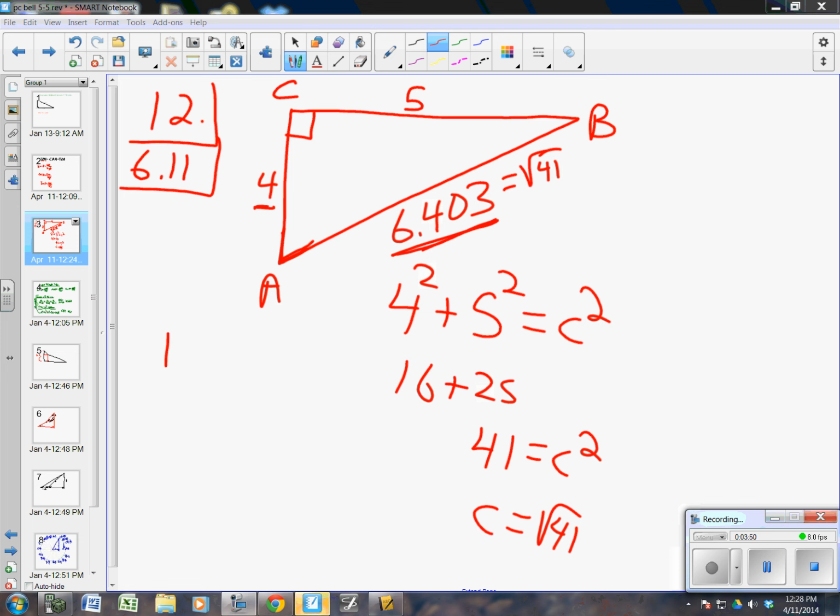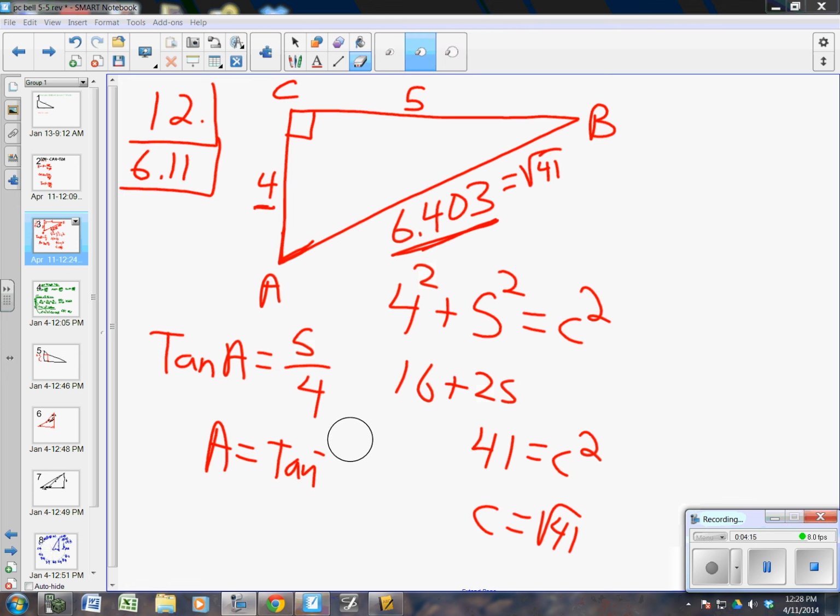The tangent. So tangent of A equals opposite over adjacent, so 5 over 4. To solve that for an angle, we take the tangent inverse of both sides. They cancel out on this side, so A equals the tangent inverse of 5/4.